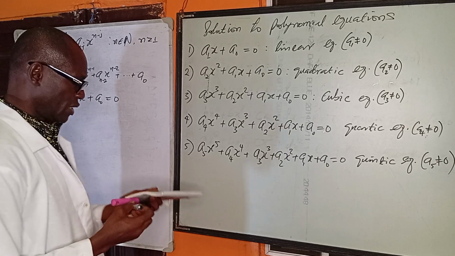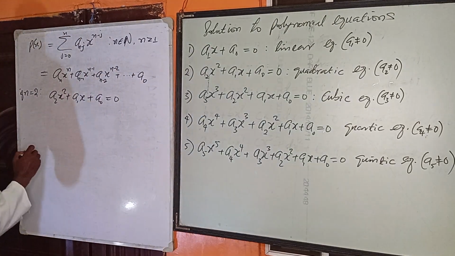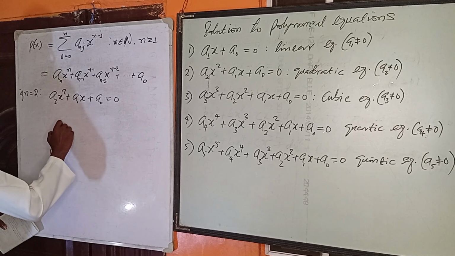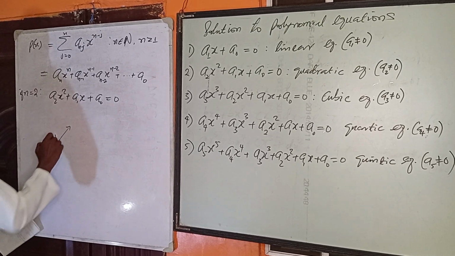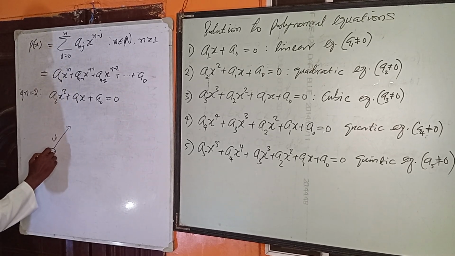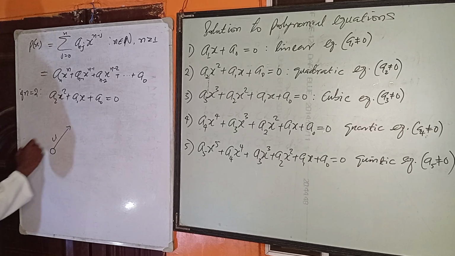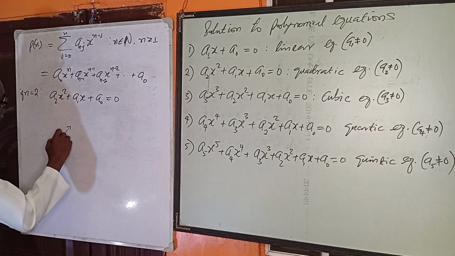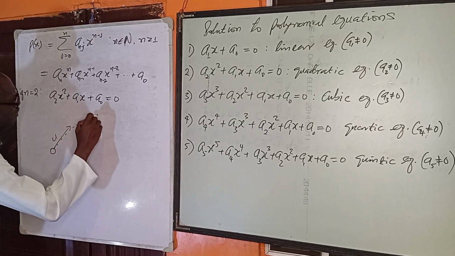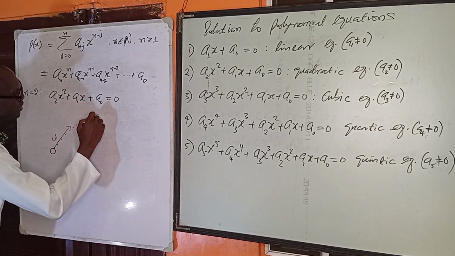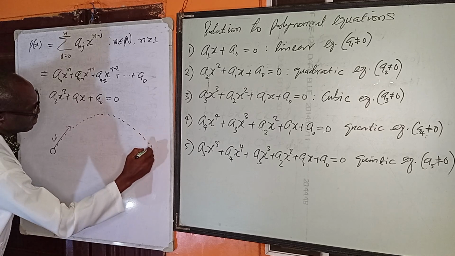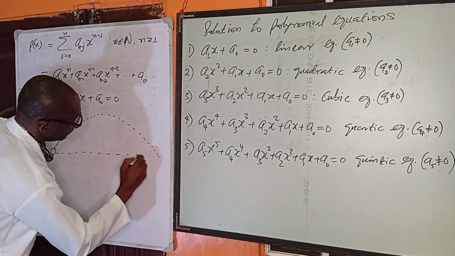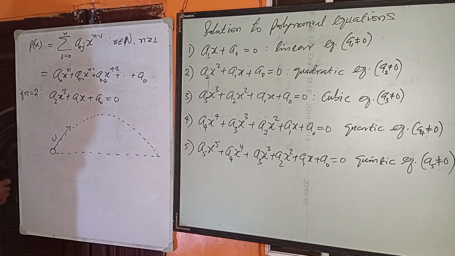Now, in particular, suppose this is a particle, okay, and you give it an initial velocity u. Now what happens is that this particle will move, and after some certain height, it will now descend back. Okay.